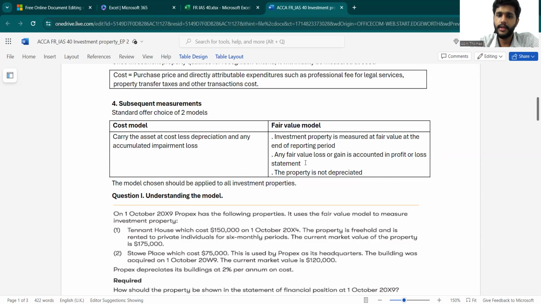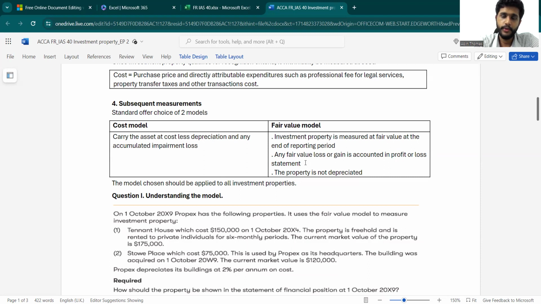If they sold the property, they would get the same amount on the same day. So it is a real profit or gain that the organization will generate if they sell the property. So this gain or loss has to be taken to P&L rather than OCI for investment property.